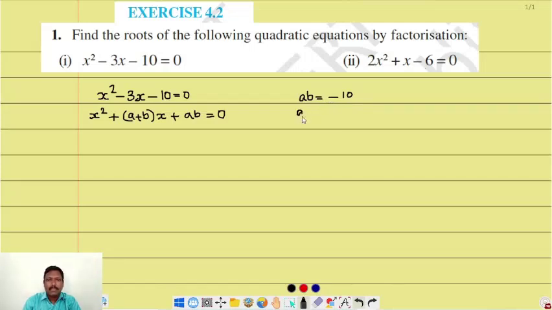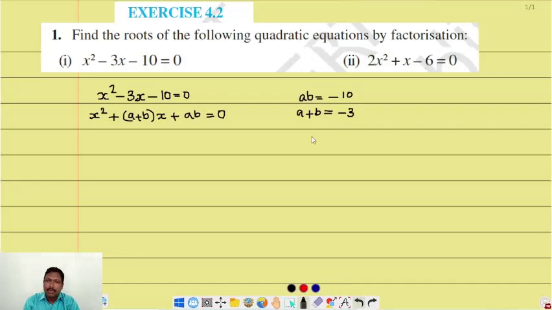And sum, that is A plus B, is equal to minus 3. So AB is equal to minus 10 and A plus B is equal to minus 3. Now we can compare this. Product of two numbers is minus 10 and sum of two numbers is minus 3.